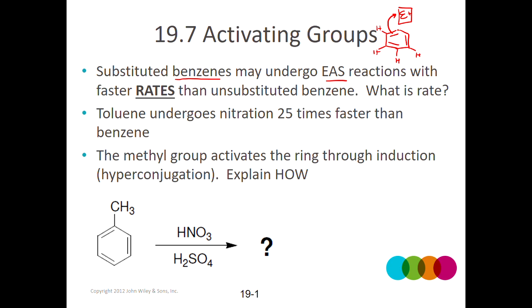If there's a methyl group or an oxygen or a nitrogen or a CO2 bond or something like that, nitro, lots of different groups could be connected to the aromatic ring. We want to see how they affect the likelihood that the aromatic ring will pick up an electrophile and the regiochemical outcome of those reactions.